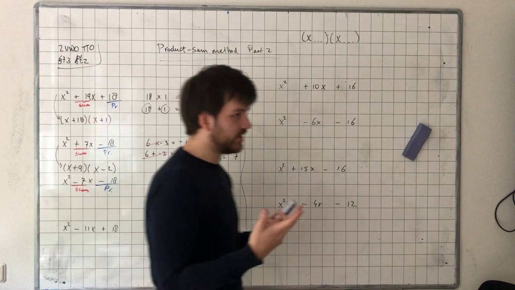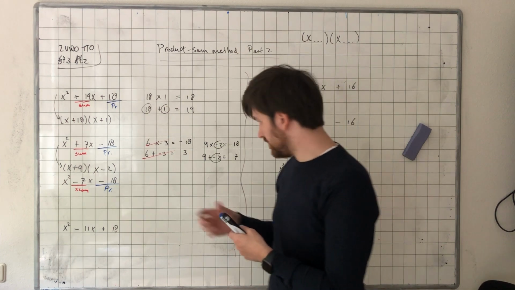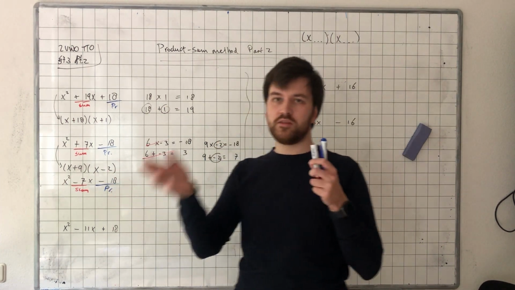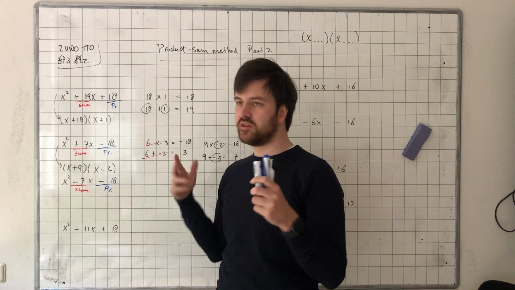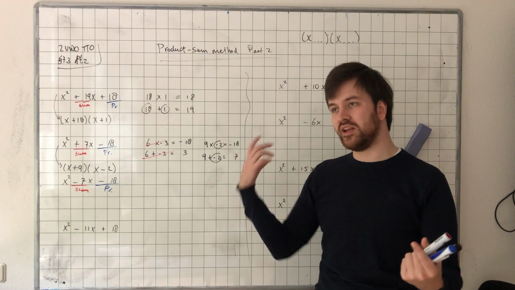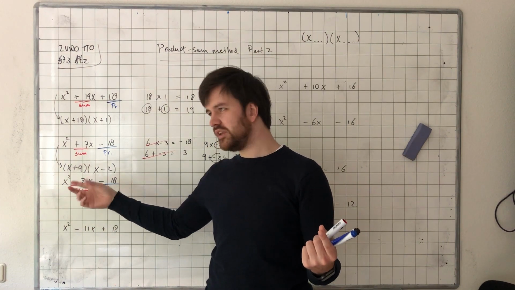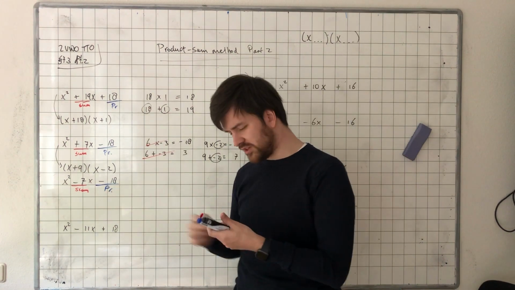Does that complicate things a lot more? Well, no, actually it doesn't. It's the same thing that's going on over here, but the thing is, since our sum has to be negative, our product has to be negative. That still means that we need one positive number and a negative number. But the negative number has to be stronger than a positive one because the sum is negative.